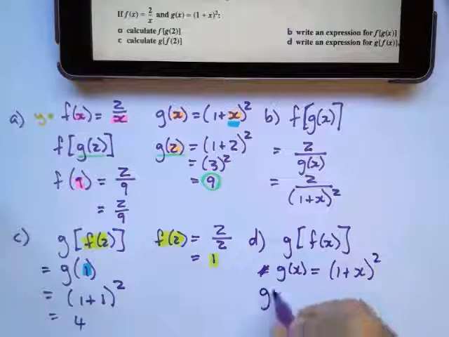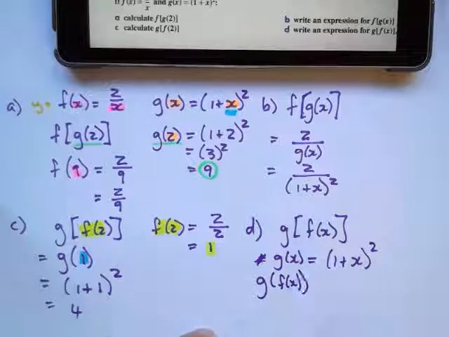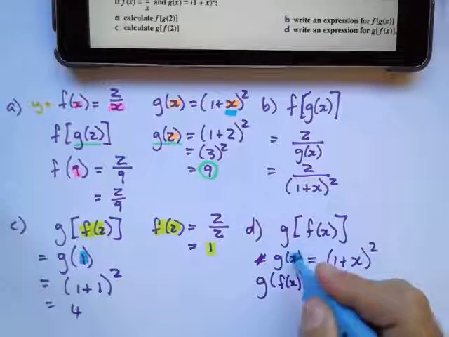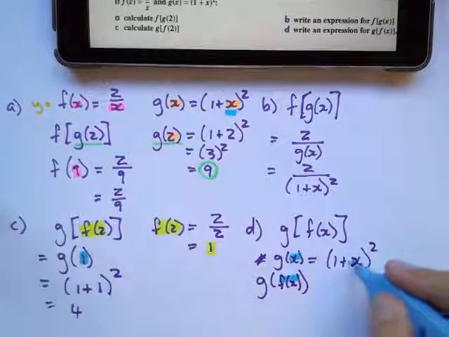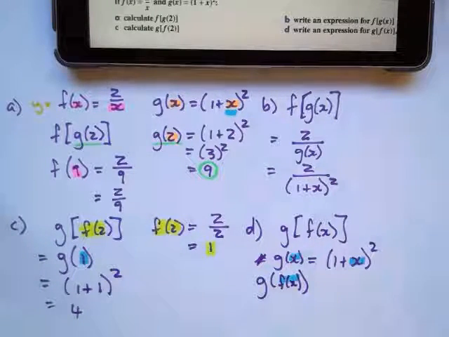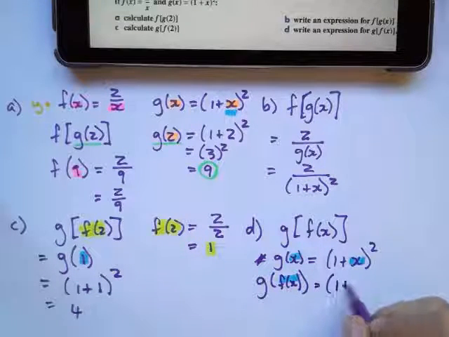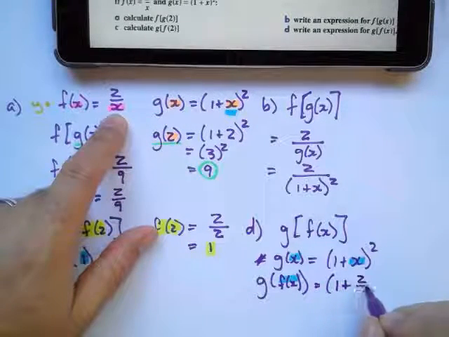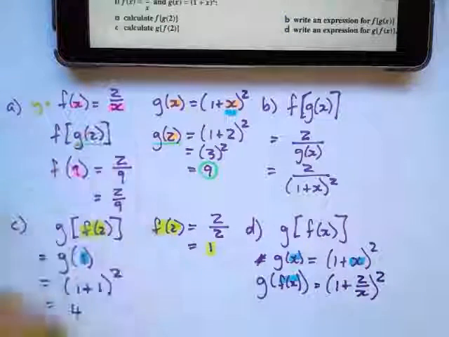If I now say what is g of f(x), it means wherever I see an x, I'm now going to put my function f(x) in there. So wherever I see x, I'm going to put in my f(x). And what is f(x)? 1 plus, what is f(x)? f(x) is 2 over x, all squared. And that's all it is.